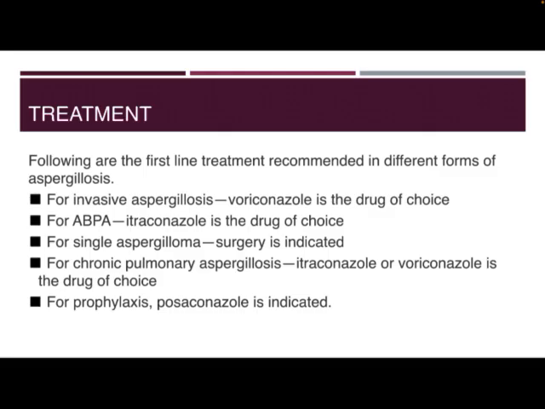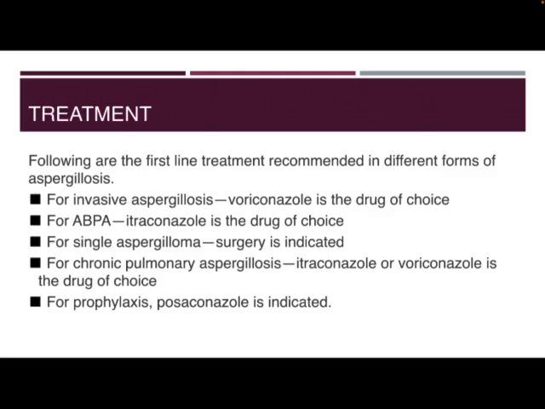For allergic bronchopulmonary aspergillosis, we give itraconazole. If it is aspergilloma, that is a fungal ball colonizing inside the alveoli, sometimes surgery may be recommended. For chronic pulmonary aspergillosis, we give itraconazole or voriconazole.